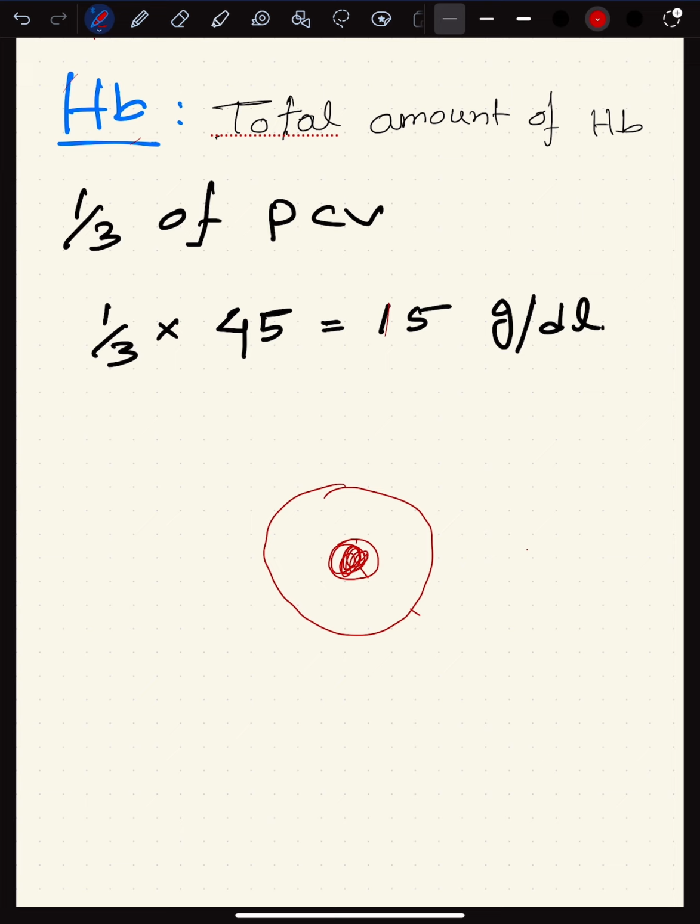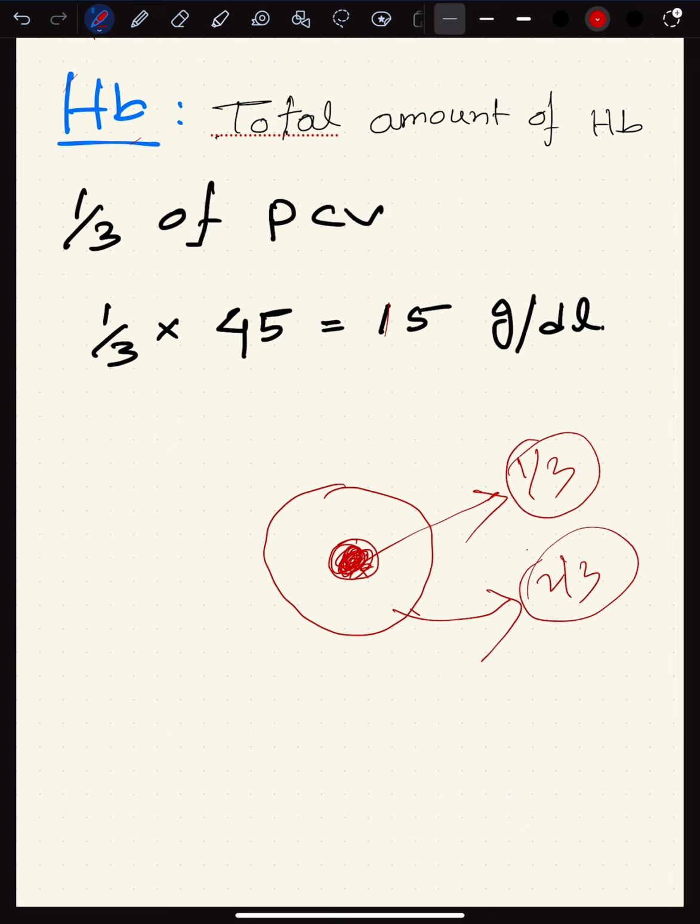Okay, so what is the total hemoglobin in our body? So total hemoglobin will be one third of packed cell volume. So from where does this one third come? I have drawn a normal RBC there. The central one third is representing hemoglobin, that is one third, and the rest of the thing is the two third portion. So the hemoglobin lies in the one third portion.